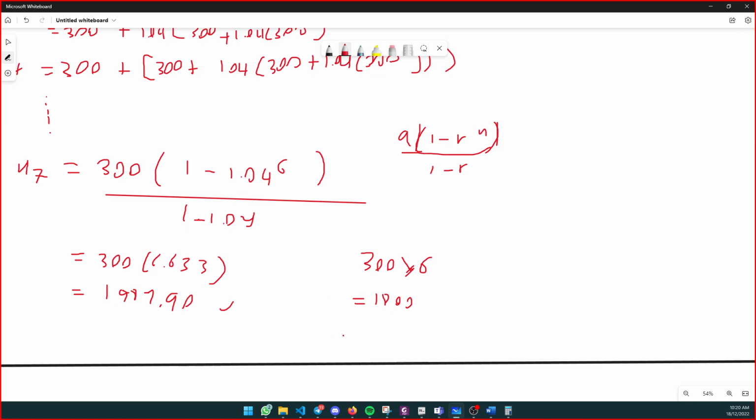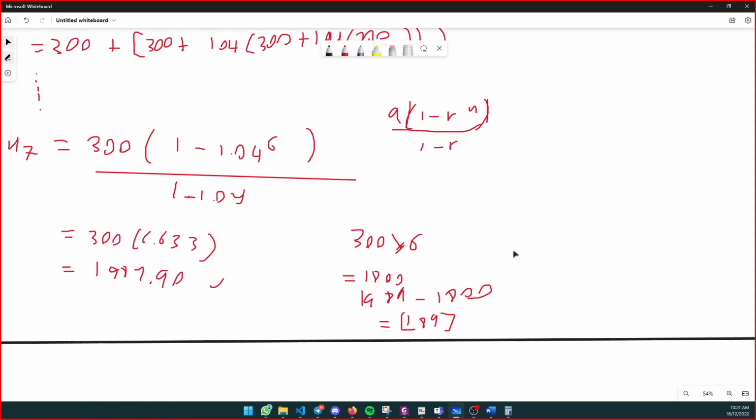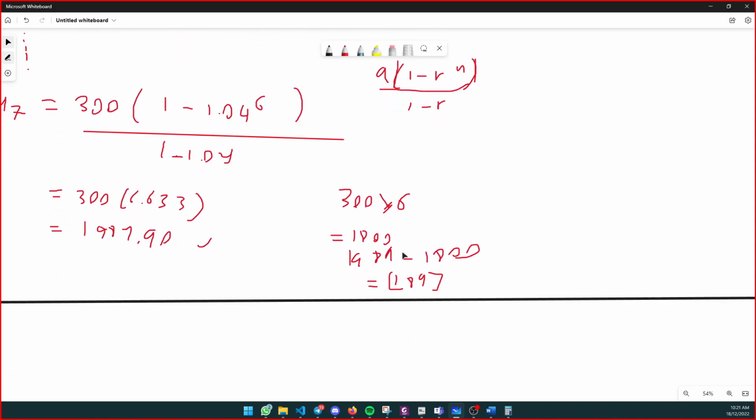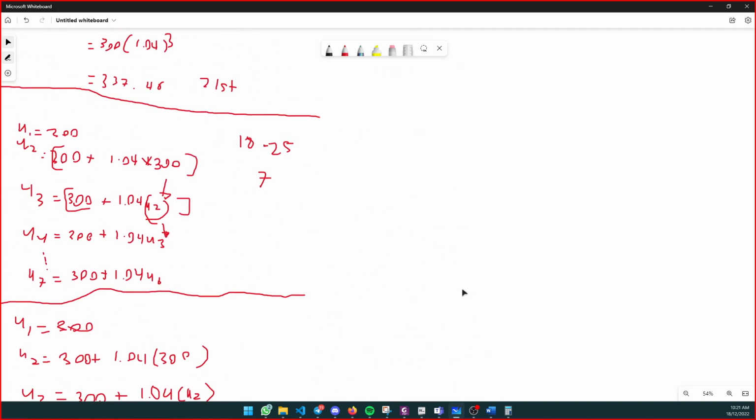But because she put it in her investment, that's 1989 minus 1800. She's getting roughly 189 ringgit. For a small value, maybe 300 ringgit you don't notice. But if you put maybe 2,000, 3,000, 4,000, this value also increases by that much. So maybe this will be a difference of 1,000 or 2,000 ringgit in 5 years.